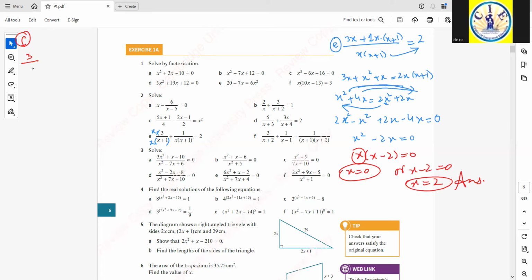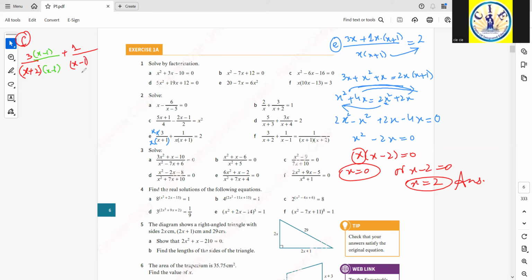Three divided by x plus 2. I can multiply this with the denominator of the other fraction, which is x minus 1. Okay, then for the second fraction, this is 1 by x minus 1.